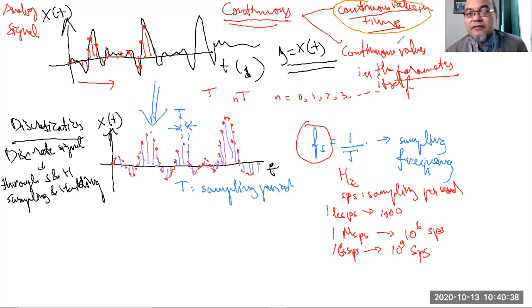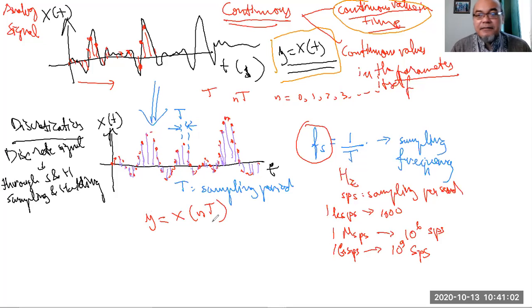If we don't want that loss to be too much, the sampling period has to be lessened, or inversely, the sampling frequency has to be increased. So instead of having y equal to x(t), the continuous data, we will have y equal to x(nT).